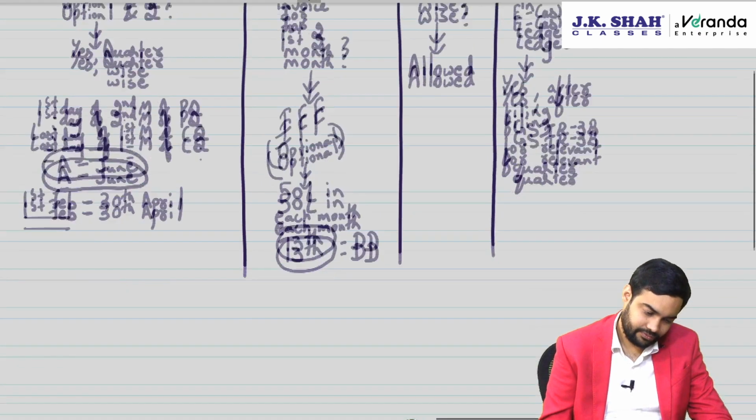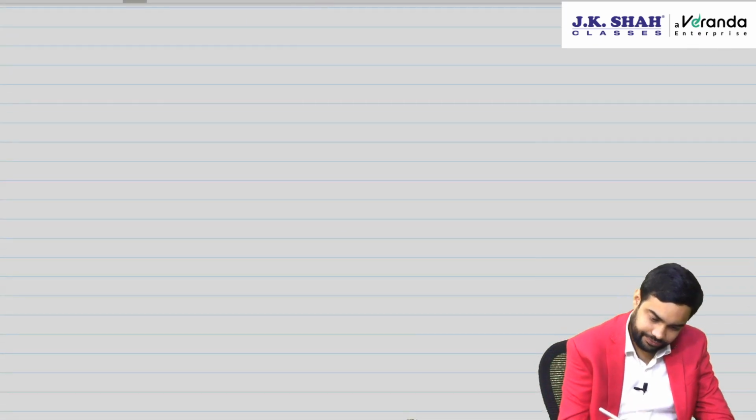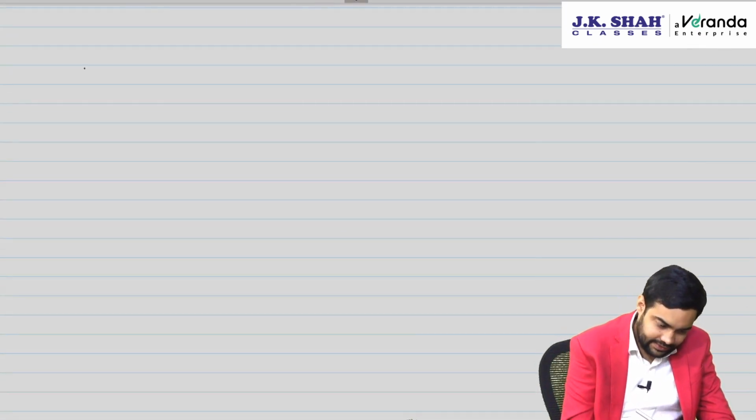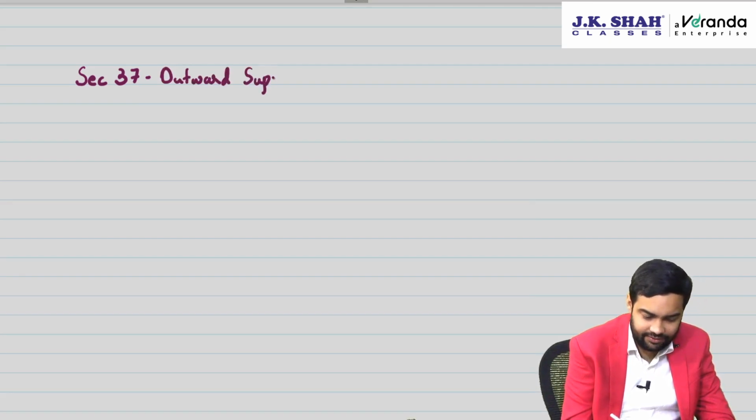Thereafter, coming to section 37. Section 37, which deals with details of outward supply. Now see, section 37 covers GSTR 1. It covers IFF.